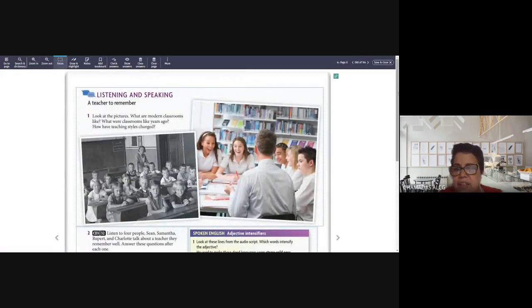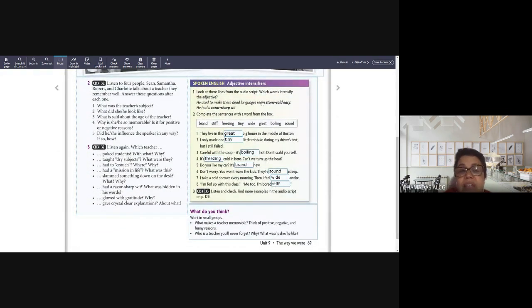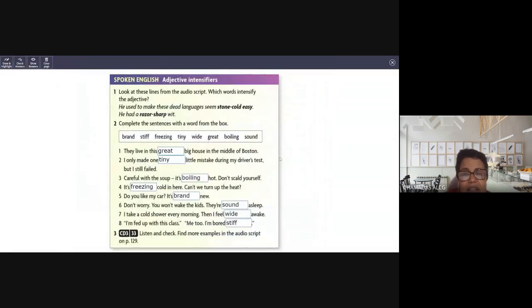Okie dokie. So now, guys, moving on to the adjective intensifiers that we saw in the listening. So let's take a look here. Look at these lines from the audio script. Which words intensify the adjective? He used to make these dead languages seem stone cold easy.